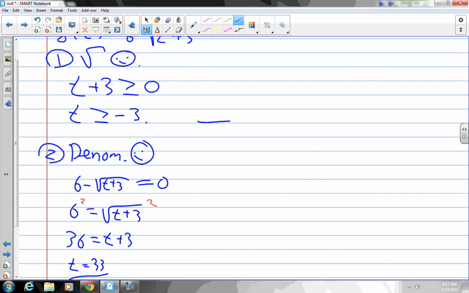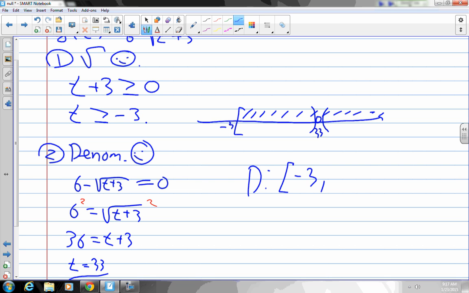Right now my domain was everything from negative 3 to infinity, but 33 cannot be part of it, so I have to punch a hole at 33. Just remove one more point. So the complete domain, in interval notation, is everything from negative 3 to 33, parenthesis, union 33 to infinity.